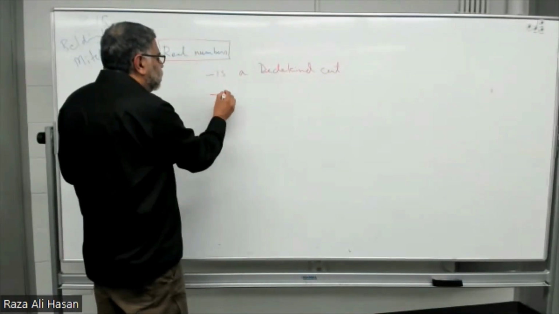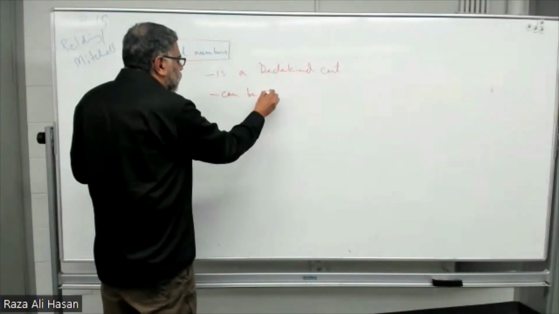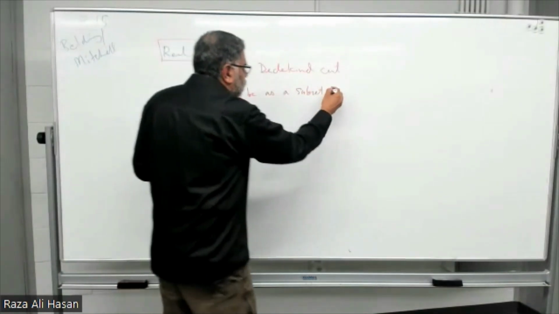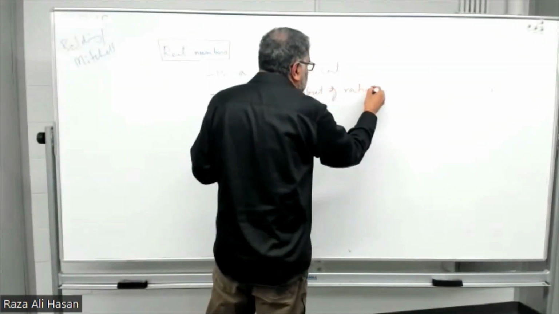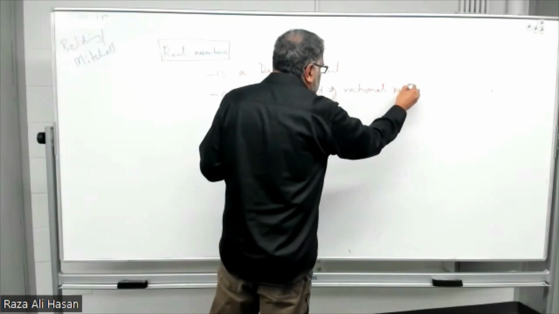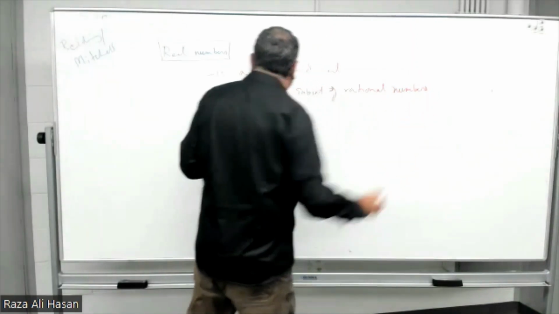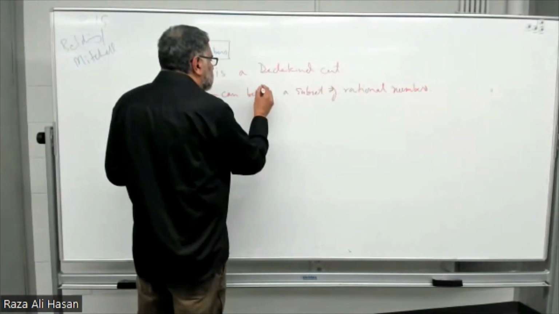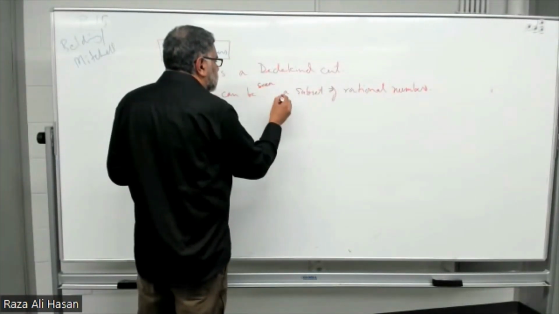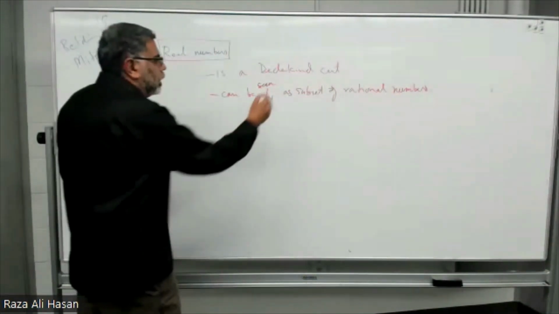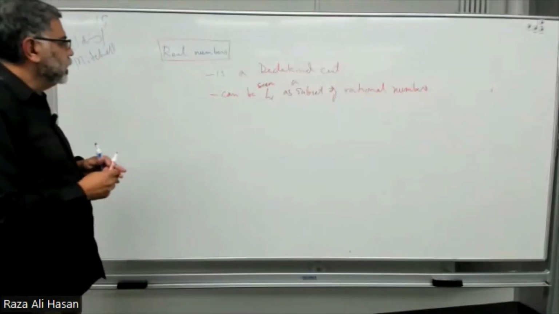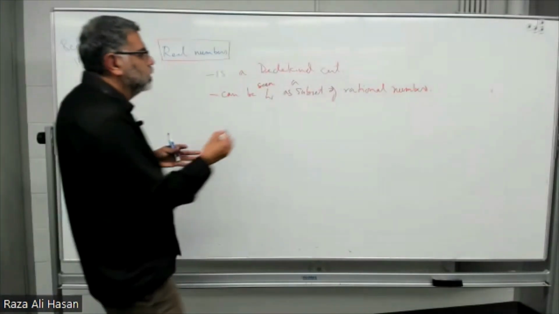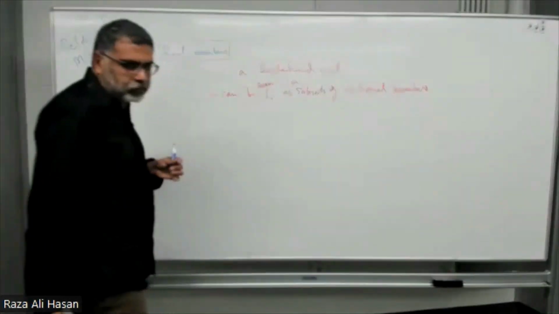A real number can be seen as a subset of rational numbers. So real numbers can be seen as subsets of rational numbers.